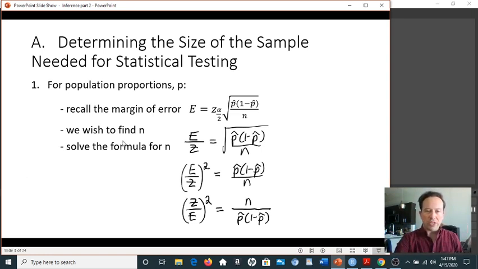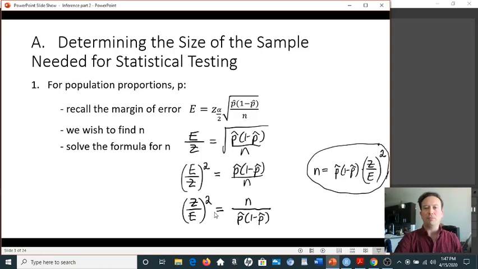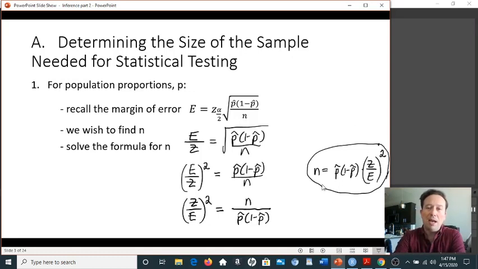So notice e over z becomes z over e, and this side also flips around. And then my final step is just to multiply both sides by my denominator. So if I multiply both sides by my denominator, p hat times 1 minus p hat, then I'll get n by itself. So this is the formula that we're going to use to find the number of people that I need in a study when I want to estimate a proportion.